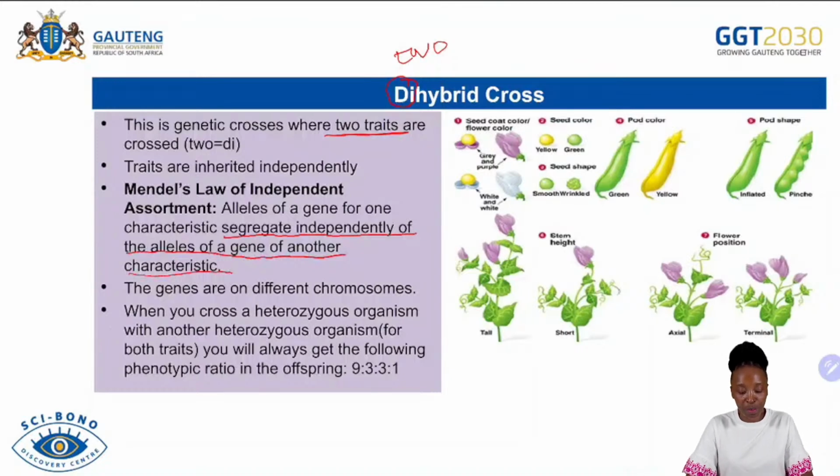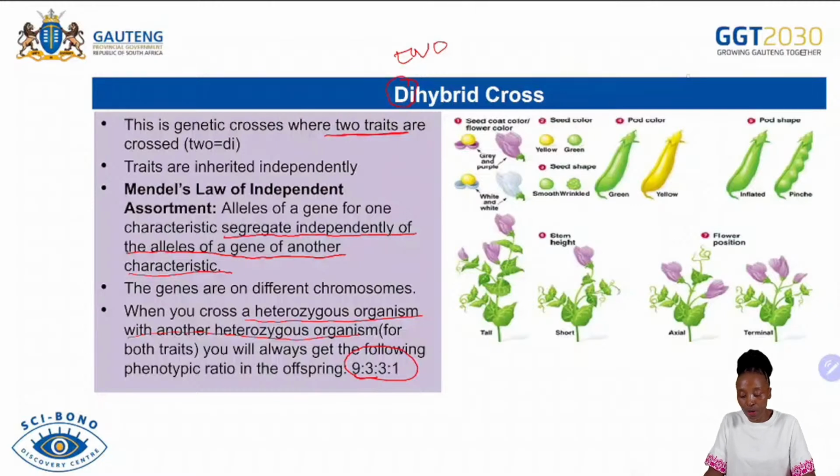Another very important thing to remember with dihybrid crosses is that when you cross a heterozygous organism with another heterozygous organism for both traits, you will always get the following phenotypic ratio. This always stands. We said we are looking at 2 characteristics at a time.